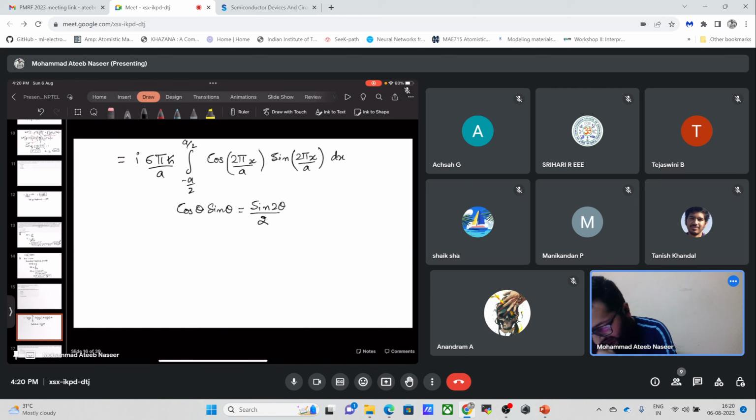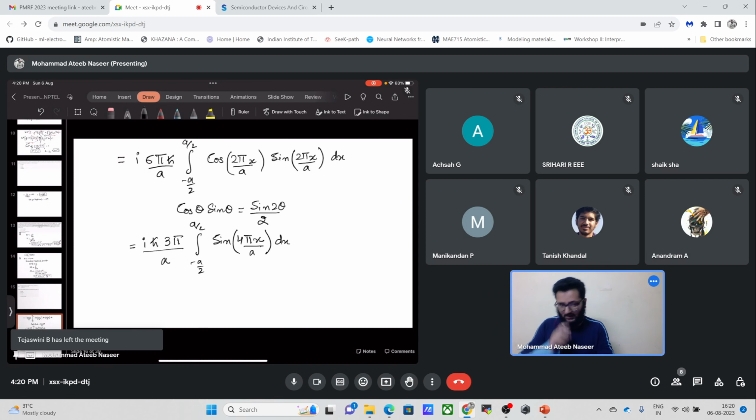So from that formula, we can simply say this is iota times h bar, 2 and 6 will give us this 3 only, 3 times pi divided by a, integral from minus a by 2 to plus a by 2 of sine of 4 pi x by a, integrated over dx.